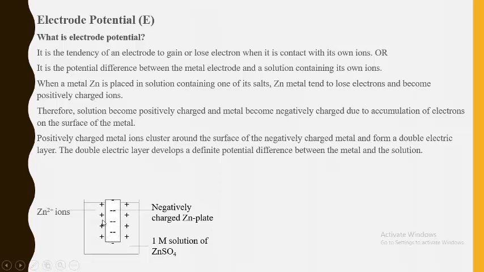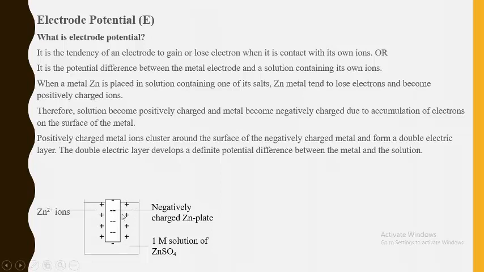Now, the positive charge, that is the Zn2 plus ions available in the solution, will cluster around the surface. So all these plus ions that you see are the zinc 2 plus ions around the negatively charged plate. As a result, one is negatively charged, one is positively charged, and an electric layer is developed.